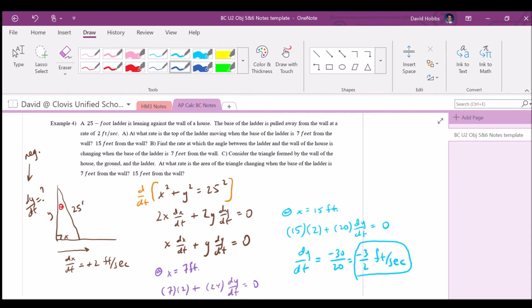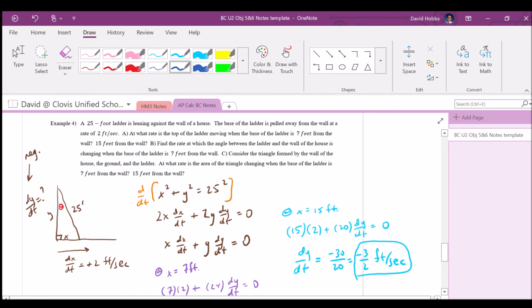Yes, you could do tangent of theta equals x over y, but then you have two variables involved. Why not just keep it to one variable for your trig function if possible, because theta is a variable as well. So I would either do sine theta is x over 25 or cosine theta is y over 25.